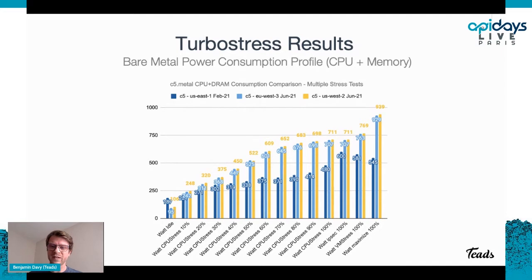We have several tests for which we set a target CPU load, and then 3 additional tests that are supposed to stress the machine to its maximum. So for a C5 that has 2 Intel CPUs and a fair amount of memory, we can see the power consumption reaches more than 900 watts to its maximum.